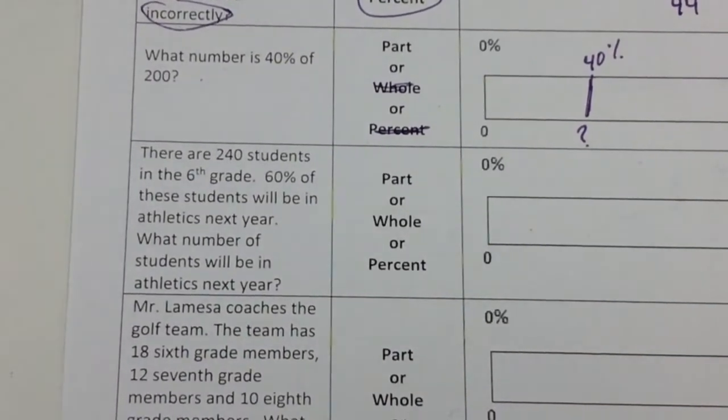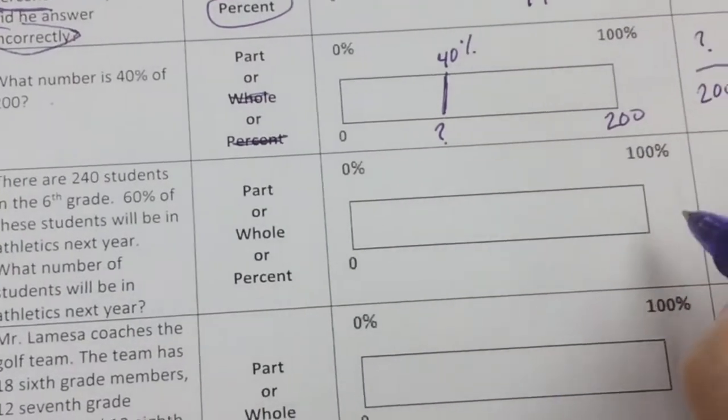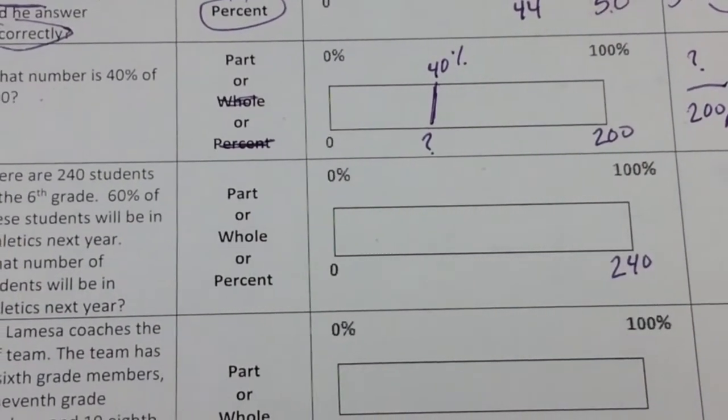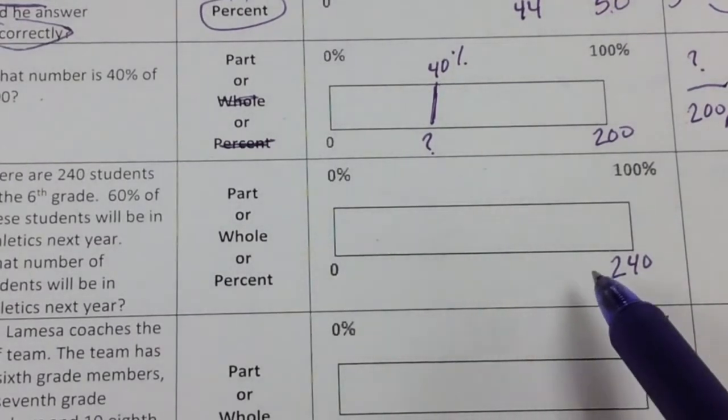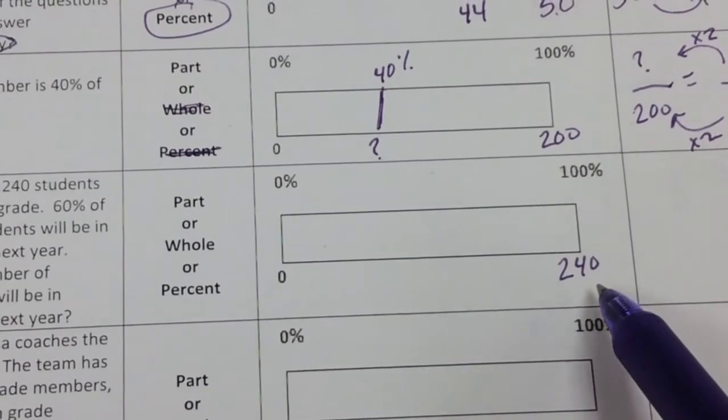There are 240 students in the 6th grade. 60% of these students will be in athletics next year. What number of students? So 240 students make up the whole 6th grade. Okay, that's the 100% of the students.